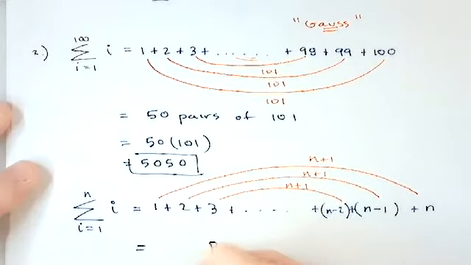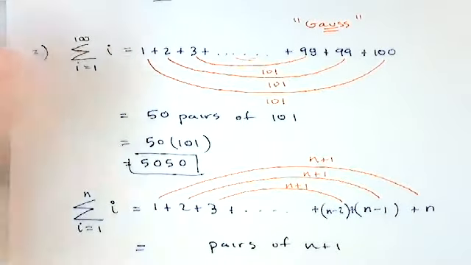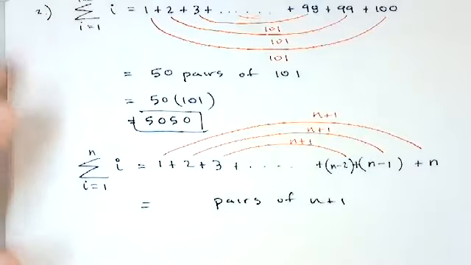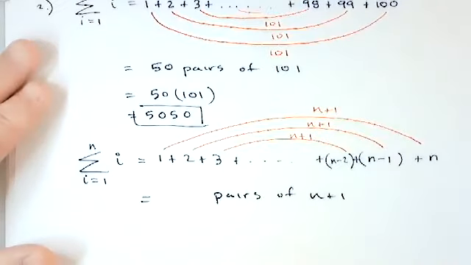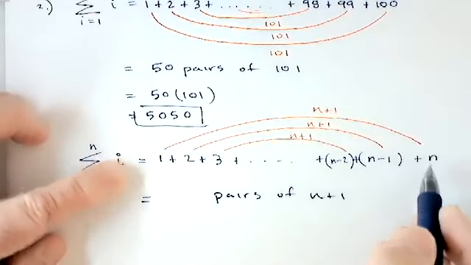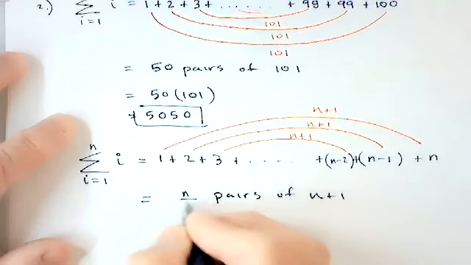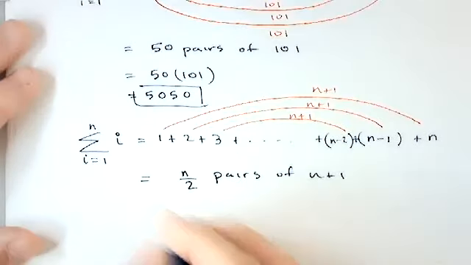I'll put blank pairs of n plus 1. How many people agree it makes sense? Just like with the 100, you would have half of n. Whatever n is, you're going to have half of that many. You're going to have n over 2 pairs of n plus 1.